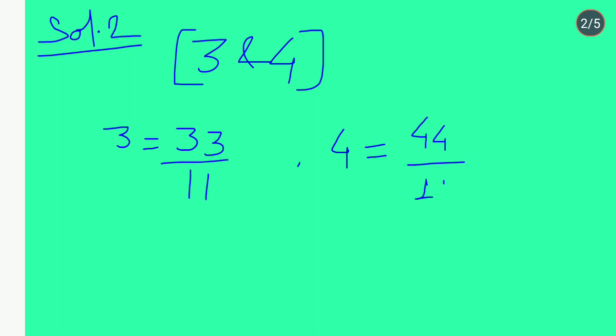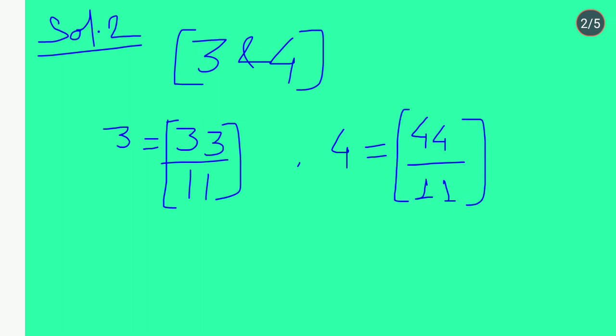Yes, because 11 times 3 is 33 and 11 times 4 is 44, so these numbers are equal to 3 and 4 respectively. So you have to find 6 rational numbers between 33 by 11 and 44 by 11.